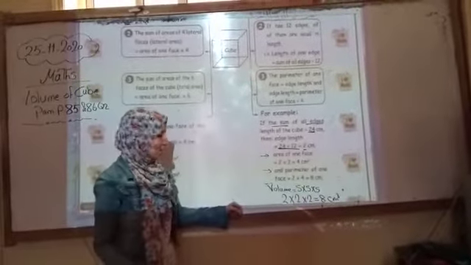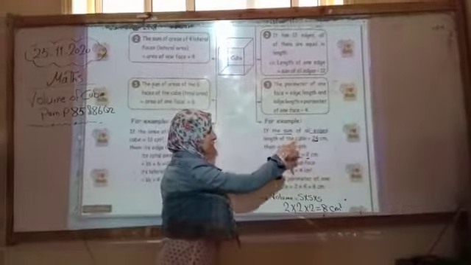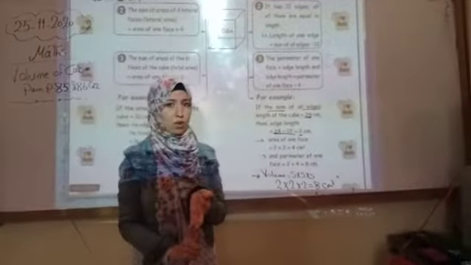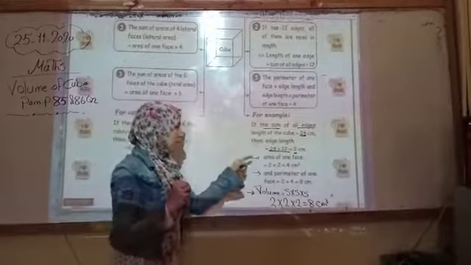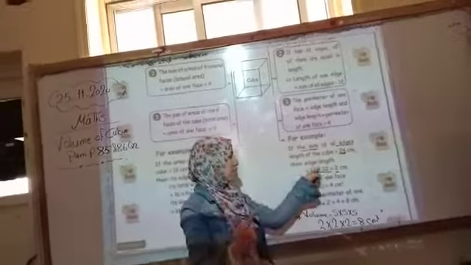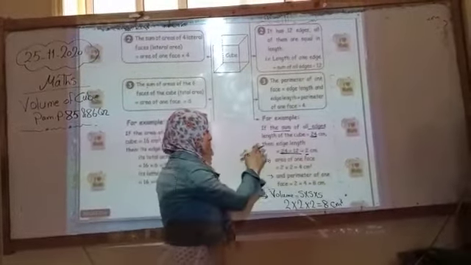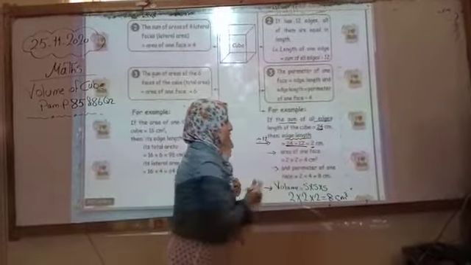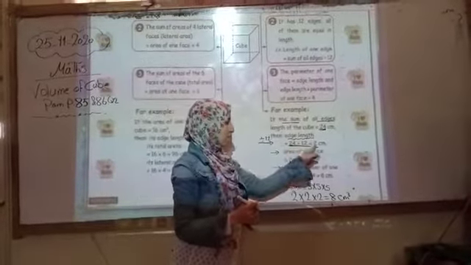Again, if I have the sum of all edges and I want to get area, perimeter, or volume, how do we get area? We want the side, only one side. First make divided by 12 to get one edge, the side length. 12 divided gives 2.